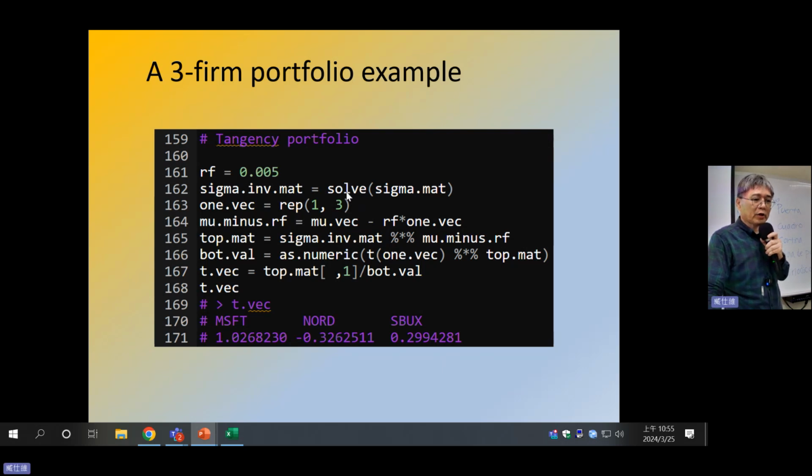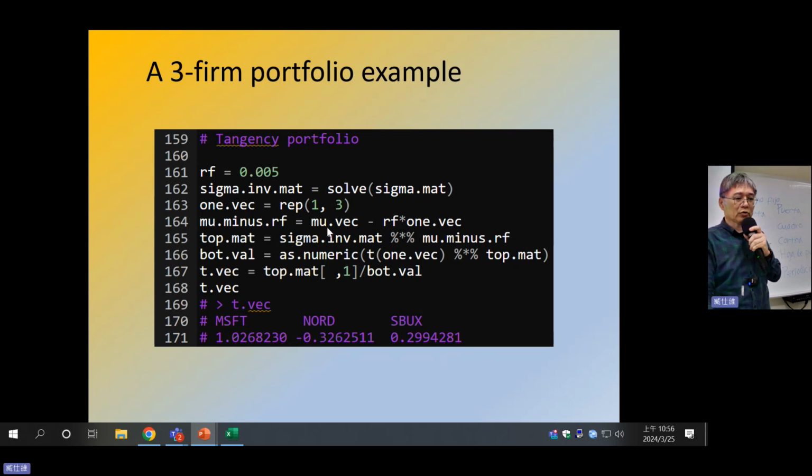Okay, and then we can also generate the inverse of sigma. Okay, so this is the coding to generate the inverse of sigma. And then we can also generate the one vector, and also we can generate the mu minus RF.